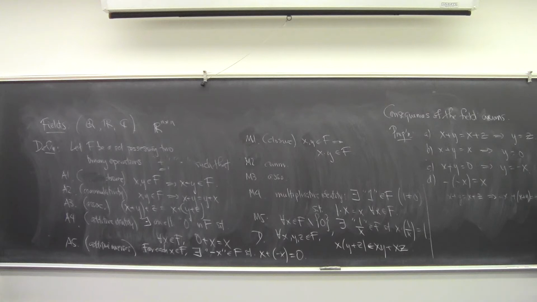And then, if you want to be really tedious about it, by property A3 we can associate these guys, and then we use property A5 to say that this is 0, then we use property A4: 0 plus anything is itself, and we end up with y equals z.